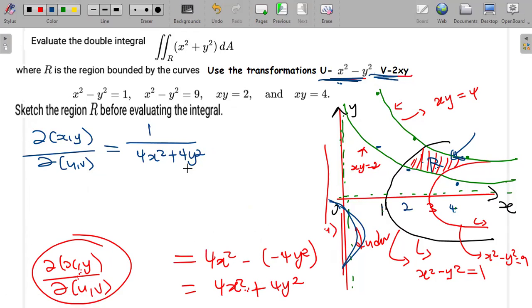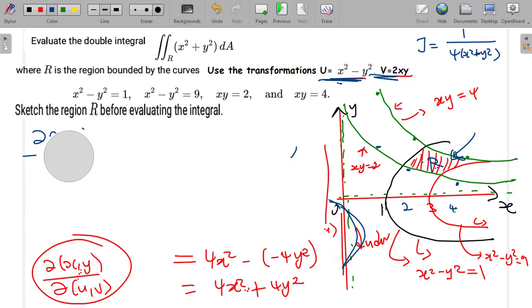So this will be our Jacobian. I can write this as 1 over 4 times x squared plus y squared. So this is the Jacobian. I'll write it on top here, we are going to use it later. So the Jacobian is 1 over 4(x squared plus y squared). We are done finding the Jacobian.